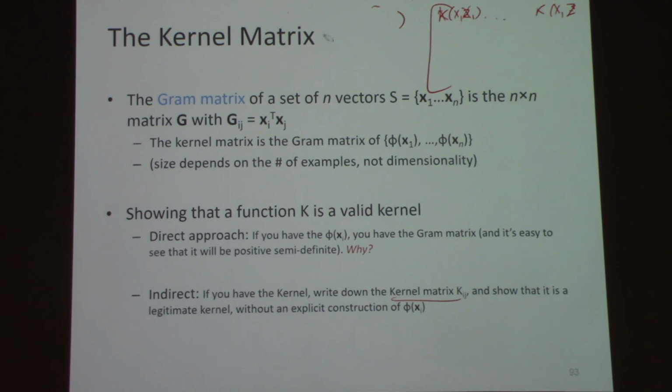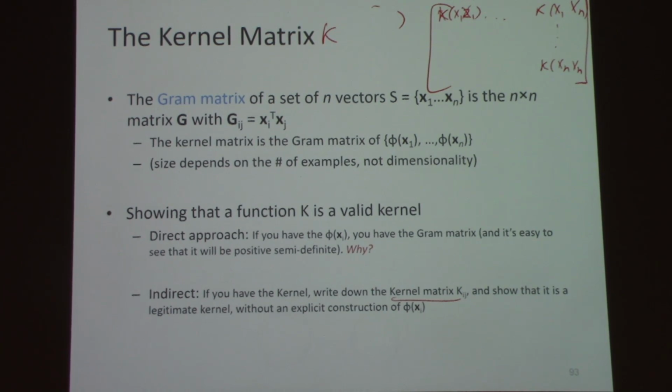You have a function k. I can write down this matrix, and you can show that this is a valid kernel by examining this matrix and showing that it's positive semi-definite for any values of x and z.